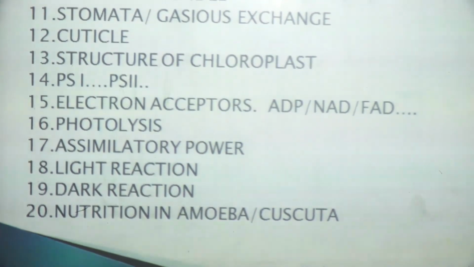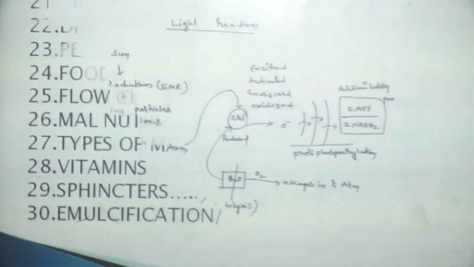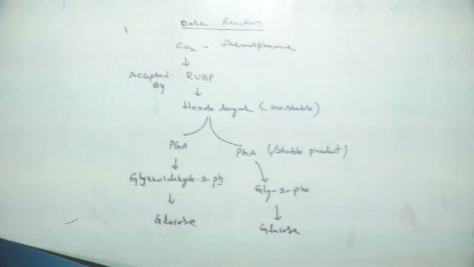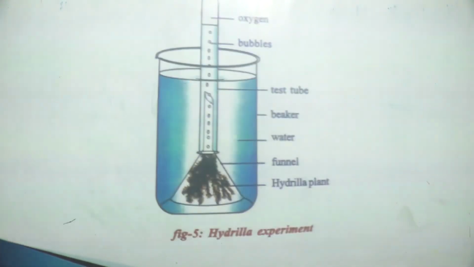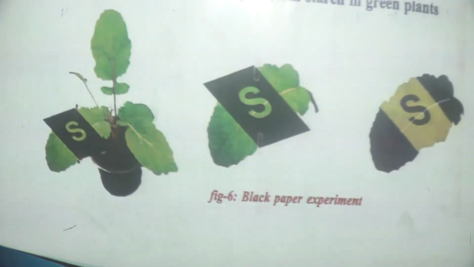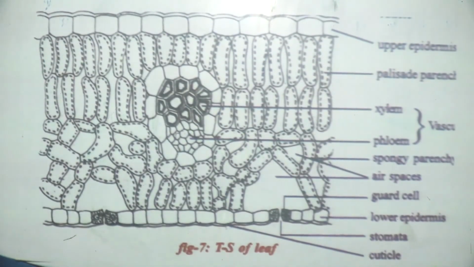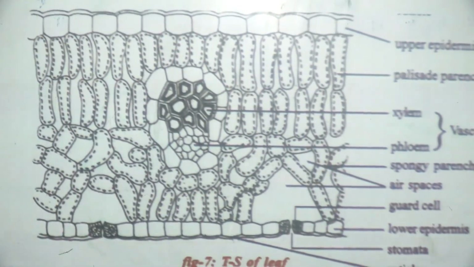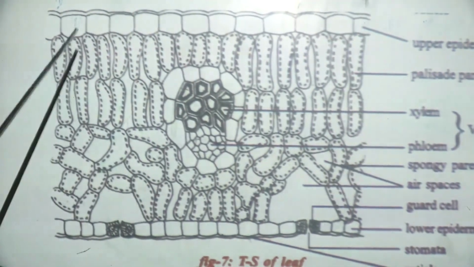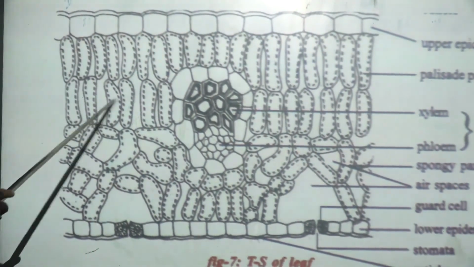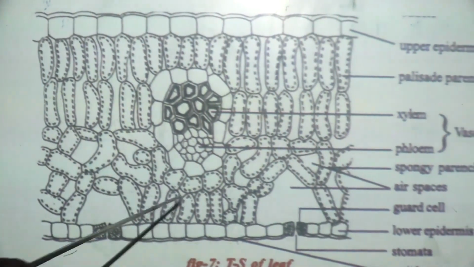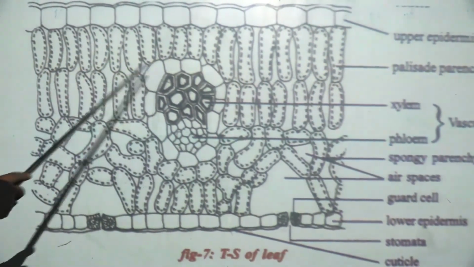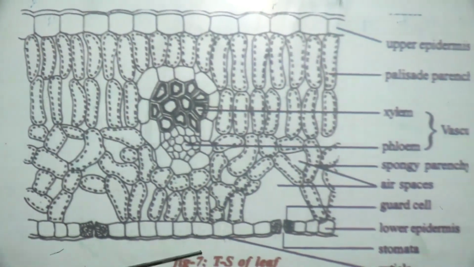Let me go to this diagram. This diagram is already given in the textbook. By comparing each and every part of the transverse section of leaf, you have to explain the compatibility towards photosynthesis.